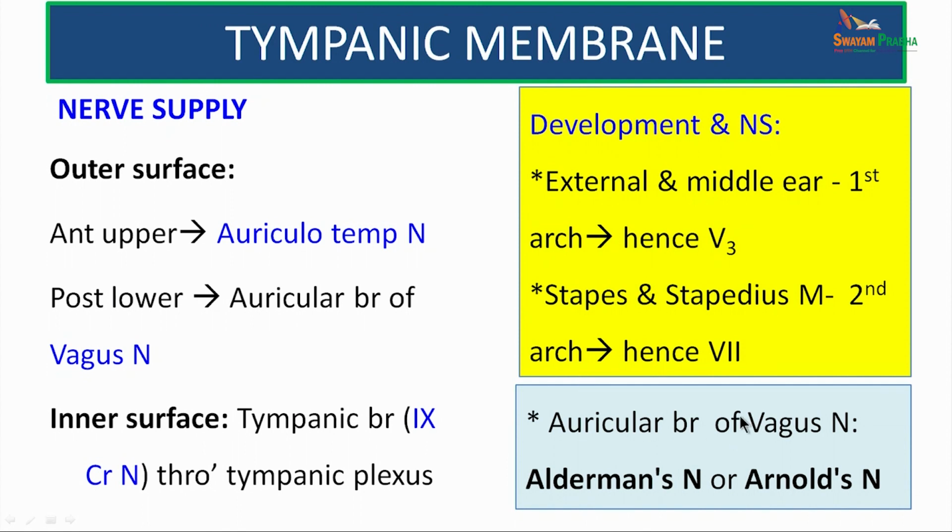The auricular branch of the vagus, which we find on the outer aspect of the tympanic membrane, is also called Alderman's nerve or Arnold's nerve. It was believed that stimulation of Alderman's nerve by tickling the external acoustic meatus will facilitate gastric emptying.